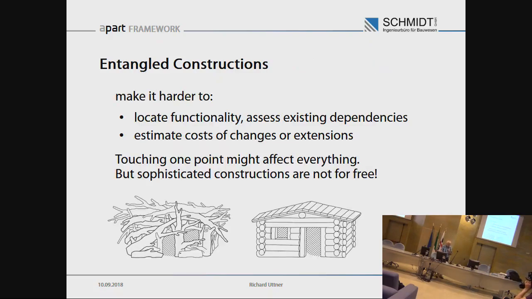So let's compare those two things. I call this on the left side an entangled construction, because everything is connected to each other in a way you cannot easily tell which part depends on which other part. And of course, it's obvious, such an entangled construction makes it harder to locate functionality, to assess existing dependencies, and especially to estimate the cost of changes or extensions.